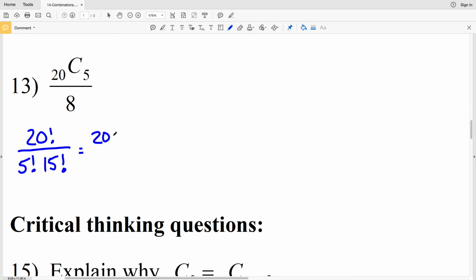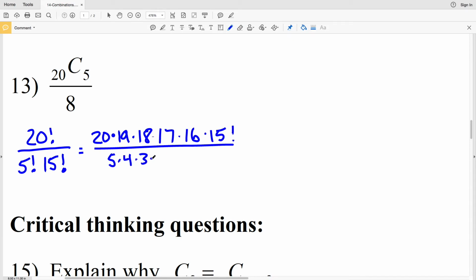That's equal to 20 times 19 times 18 times 17 times 16 times 15 factorial all over 5 times 4 times 3 times 2 times 1 times 15 factorial. 20 times 19 times 18 times 17 times 16 is 1,860,480. If I divide that by 5 times 4 times 3 times 2 times 1, I'll get 15,504.